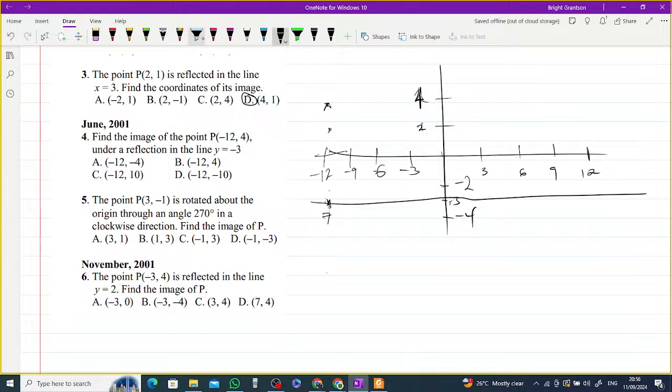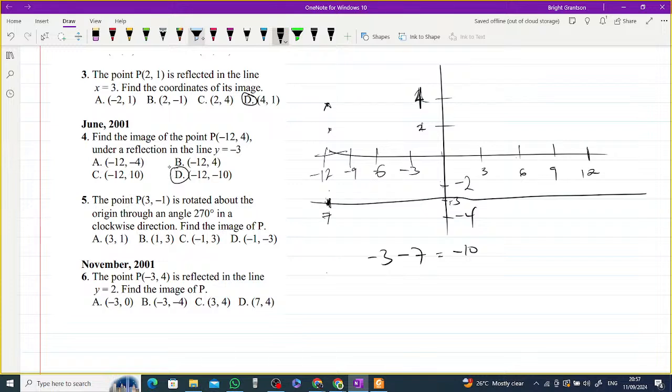So 7. Then you count 7 to 7, you're going to get 14 also. So negative 3 minus 7, what are you going to get? Negative 10. That's the y value. So look for a y value that has negative 10. So that's option D.